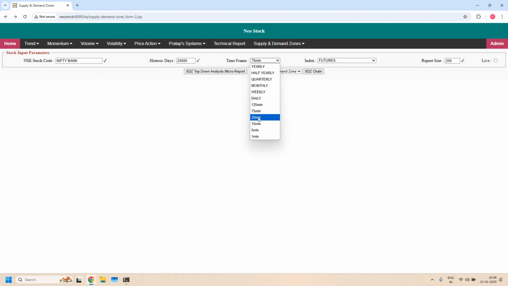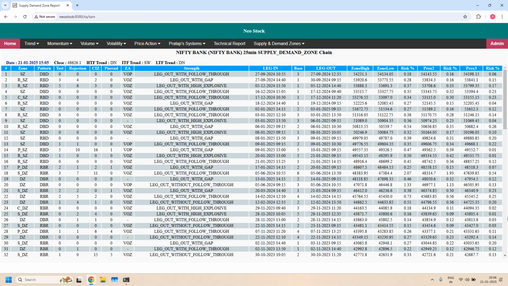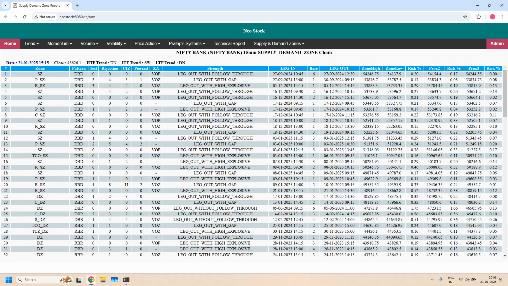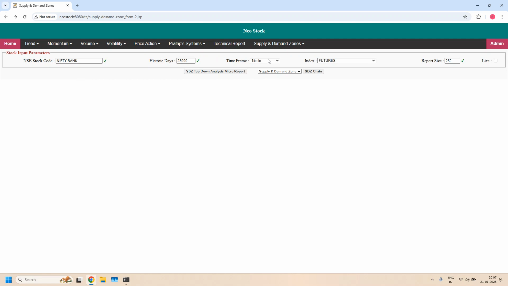Next, 25-minute supply demand zone chain for BANKNIFTY. Next, 15 minutes supply demand zone chain for BANKNIFTY. Next, 5 minutes supply demand zone chain for BANKNIFTY.